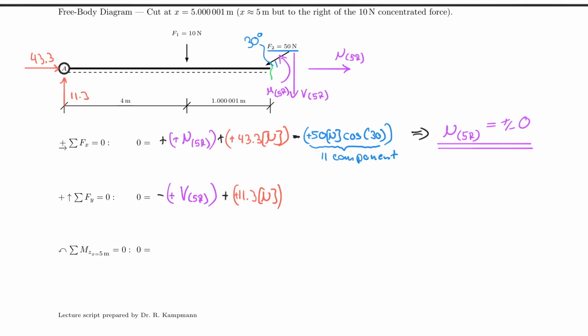Now I need to indicate my 10 Newton here, so I have plus 10 Newton, but that 10 Newton is pointing down, therefore it's negative. And last but not least, I also have 50 times sine 30, so 50 sine 30, and that is positive, but it's pointing downwards, therefore negative here in my black identifier. And we can now state that this is the perpendicular component.